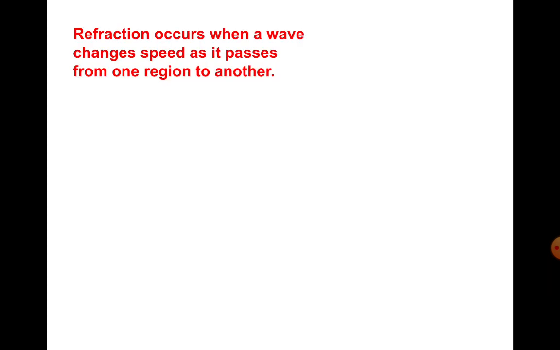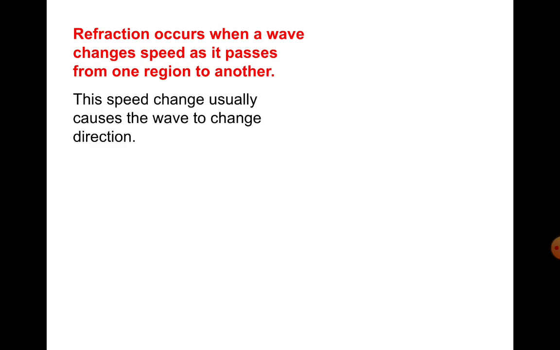When is refraction occurring? We may say when light or a wave enters a different medium or a different region, it changes the speed. The denser the medium, the lower the speed.